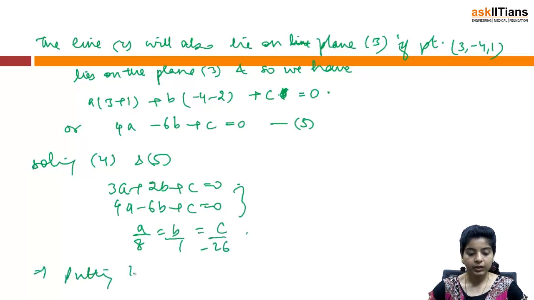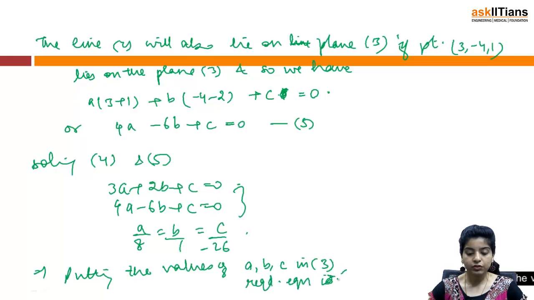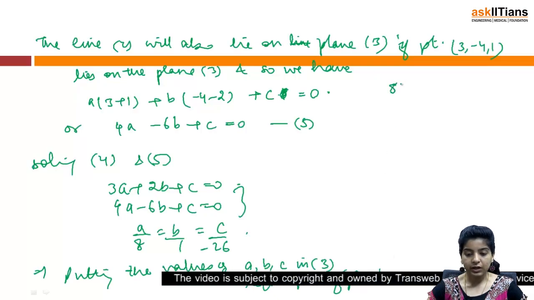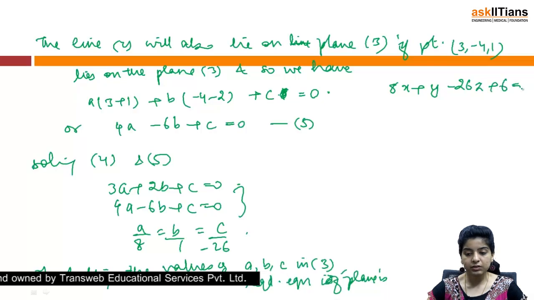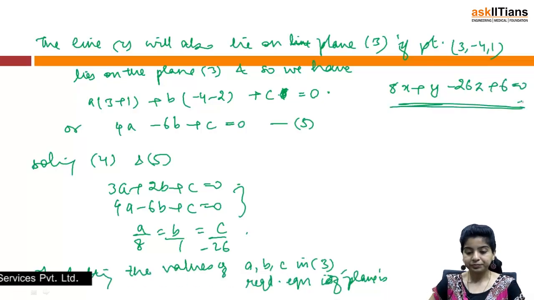Putting the values of a, b, c in 3, the required equation of the plane is 8x plus y minus 26z plus 6 is equal to 0.